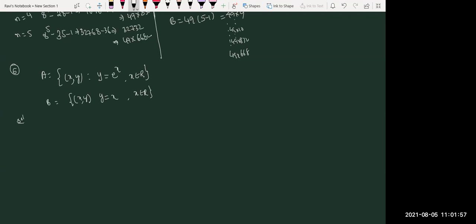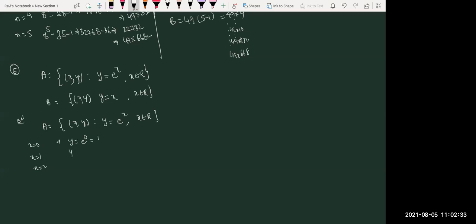For the first set, I'm talking about the first set now. A equals x comma y, y equals e power x. They said very clearly x belongs to real numbers. Can I take x equal to 0, x equal to 1, x equal to 2? Yes, simple logic. X equal to 0, y equals e power 0. What is the value of e power 0? 1.